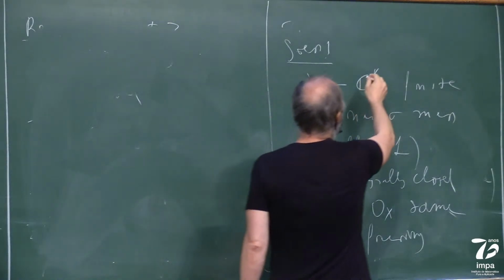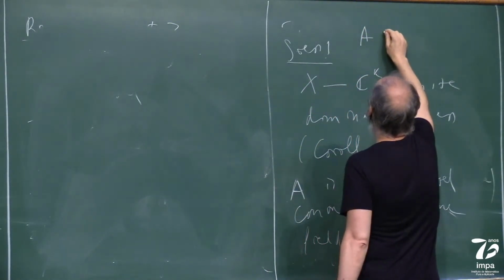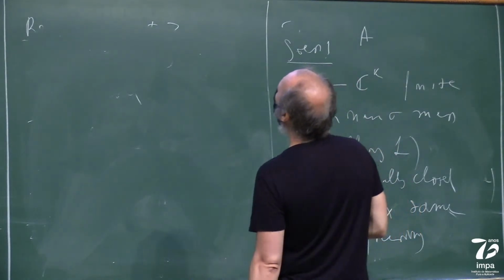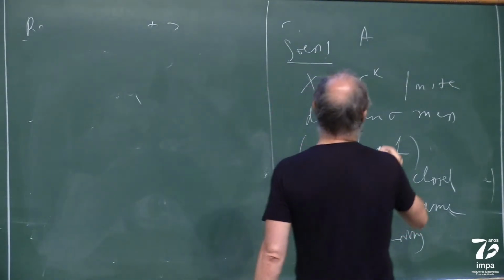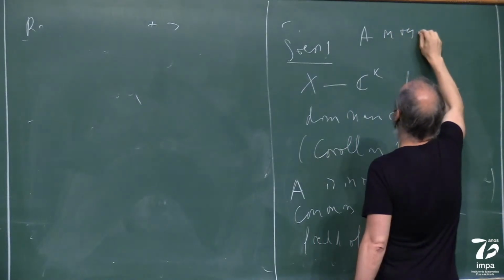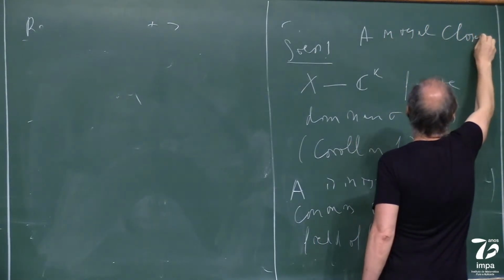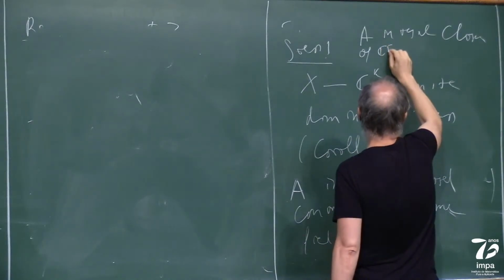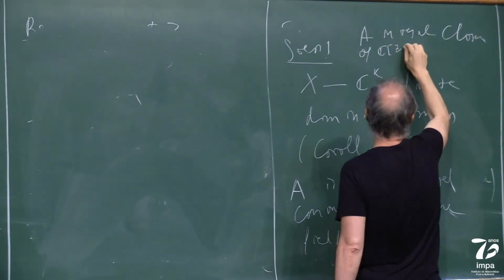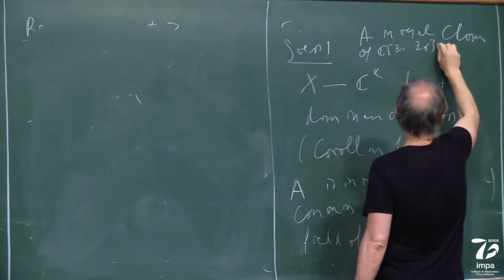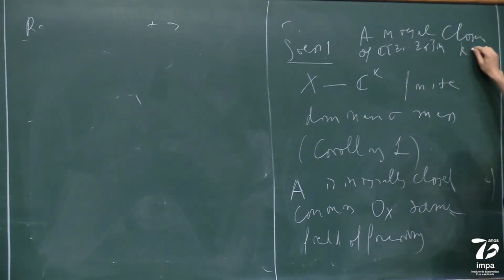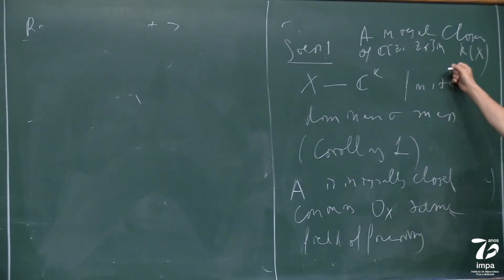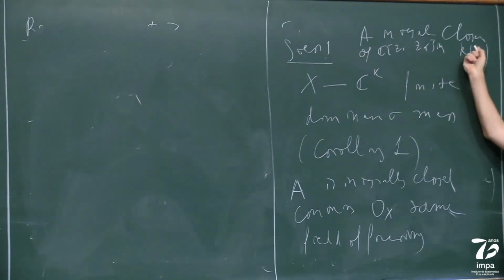I didn't define A, so A is the integral closure of the polynomial ring C[z_1, ..., z_k] in the field of fractions of X. So first, X is finite over this.